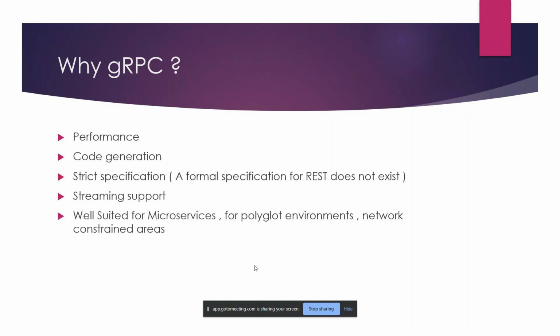Like if there are services which we need to expose into different environments, like Java or C++, then grpc is the best. These are well suited for the microservices environment as well. So basically this project was started by Google, and they have used the concept of grpc in their internal services.